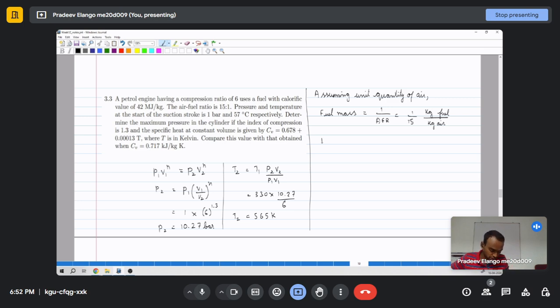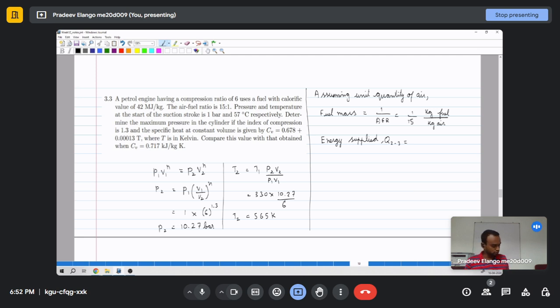So then the energy supply can be written as Q23, which is the calorific value into the fuel mass.